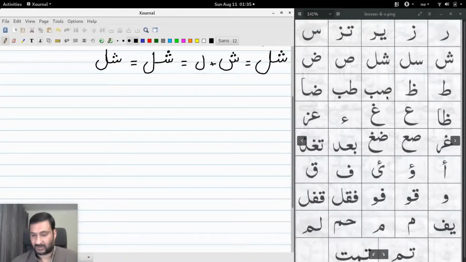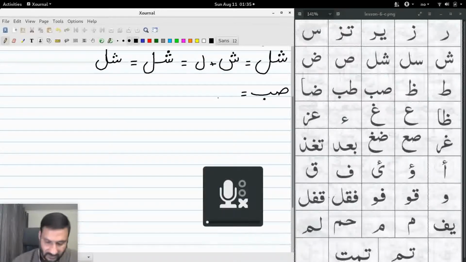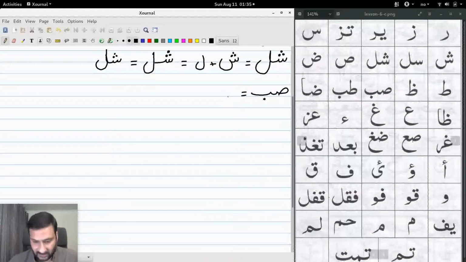So the first is Sod Ba. Notice how it's written: Sod Ba. You can ignore the small little line going towards the bottom of the page. Just say Sod Ba.